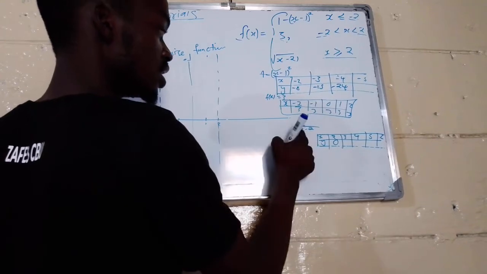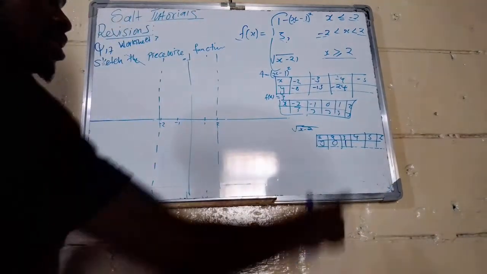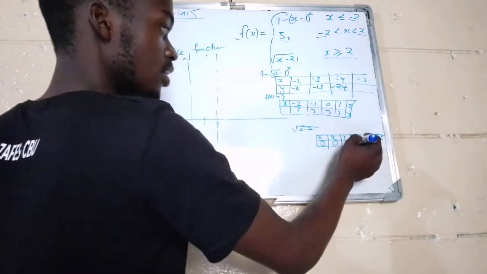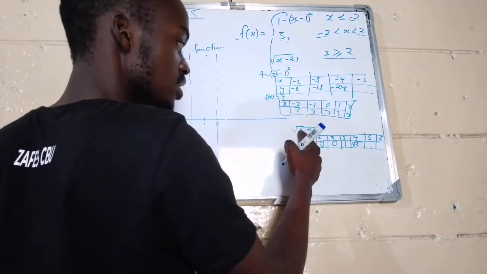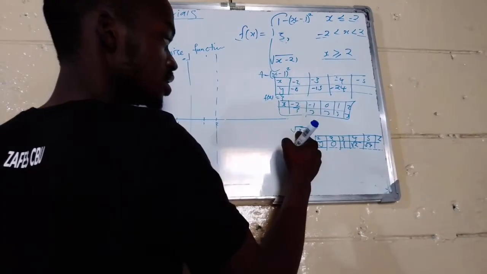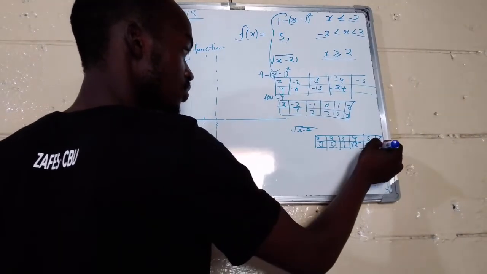When x is 3, 3 minus 2 is the root of 1, which is 1. When x is 4, 4 minus 2 is the root of 2, which is 1 point something. When x is 5, 5 minus 2 is root of 3. When x is 6, 6 minus 2 is 4.